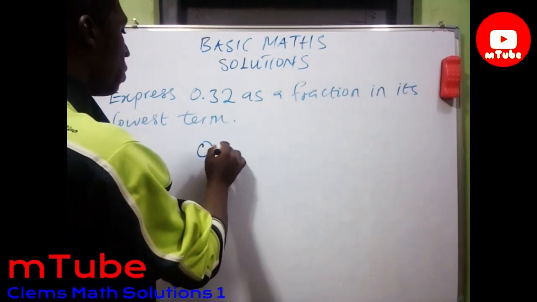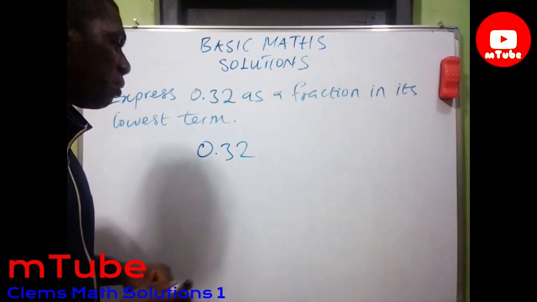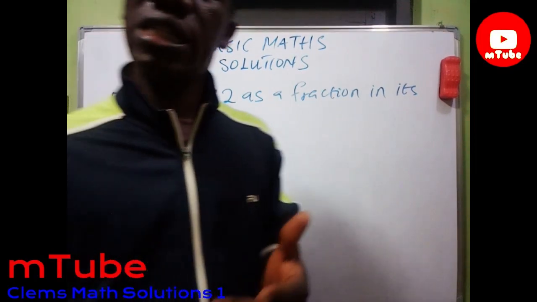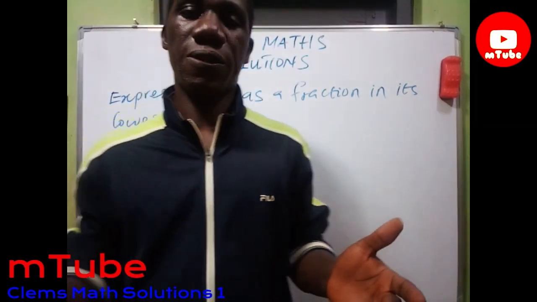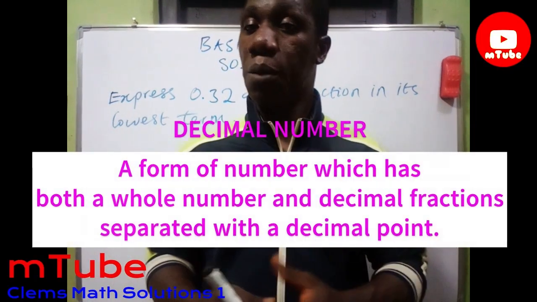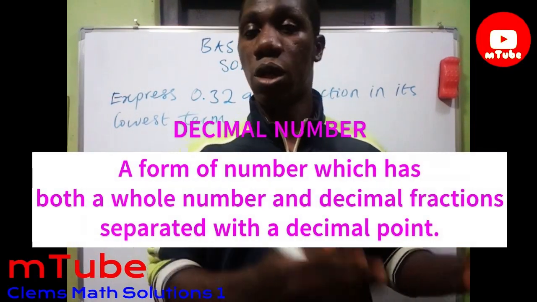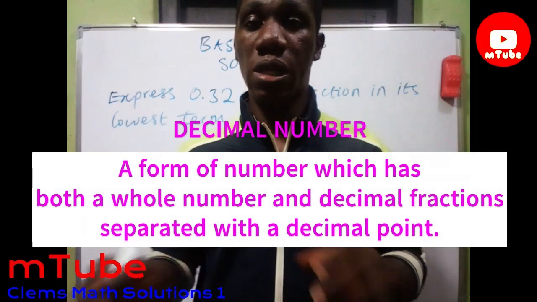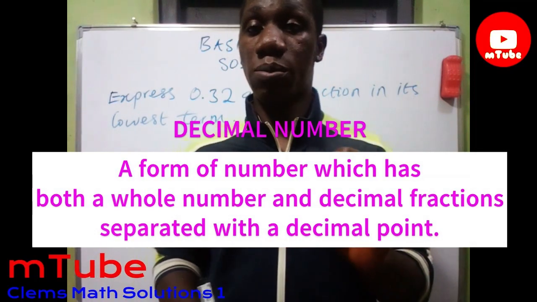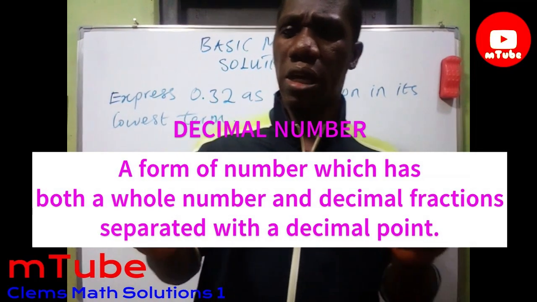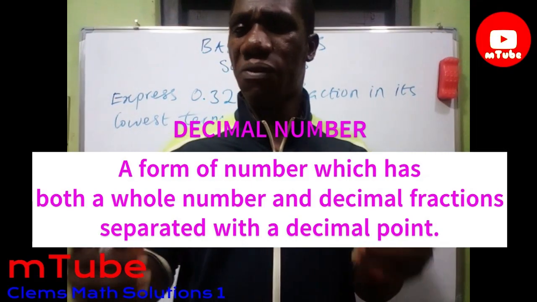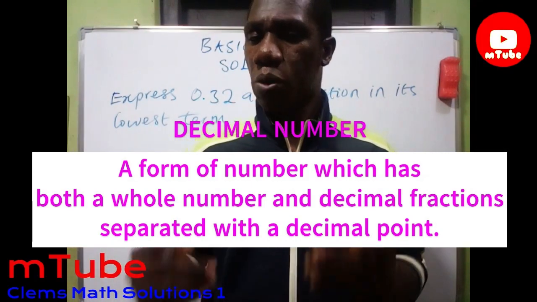A decimal number is a form of number which has both a whole number and decimal fractions separated with a decimal point. So you have to explain that fact to your pupils very properly.